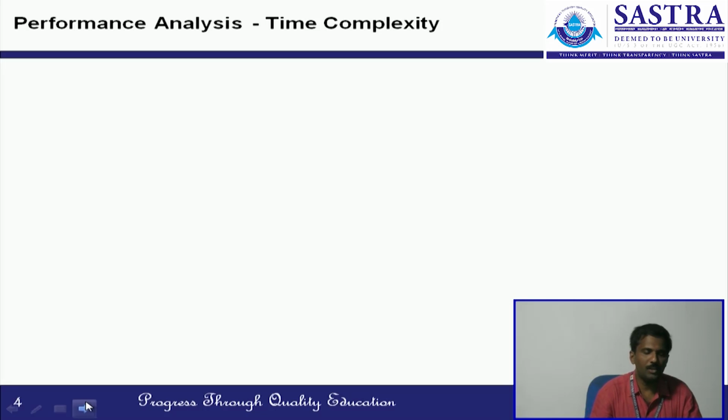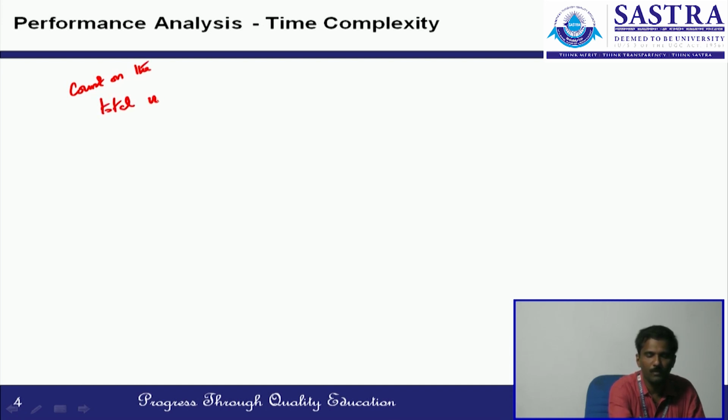Instead, we need to focus on two important methods. For that, we need to find the count on the total number of operations performed by the algorithm.